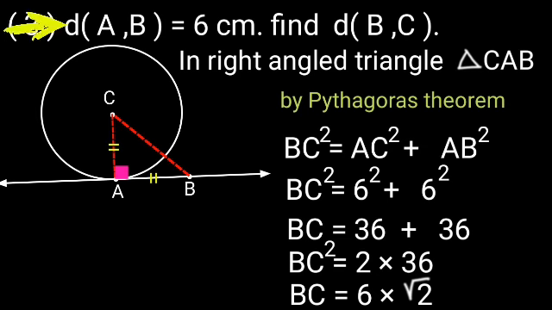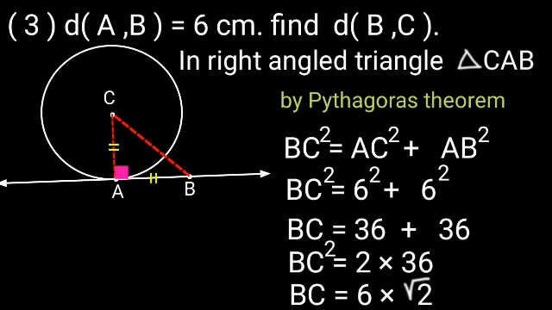Third, distance AB is equal to 6 centimeters. Find the distance BC. In right angle triangle CAB, by Pythagoras theorem, BC square is equal to AC square plus AB square.